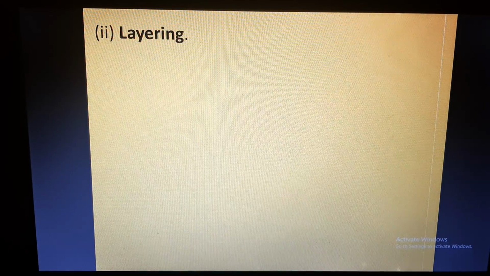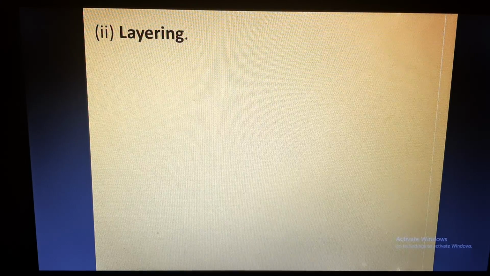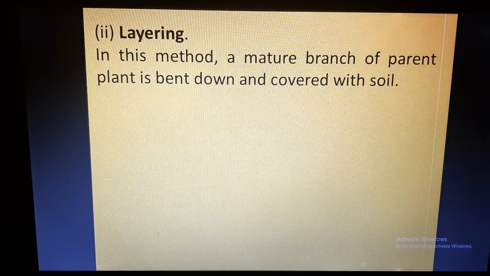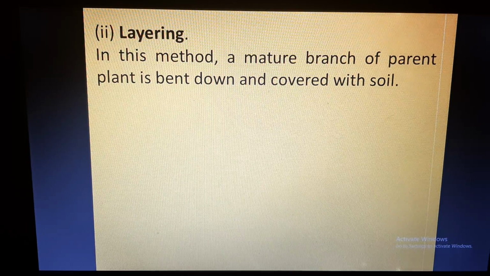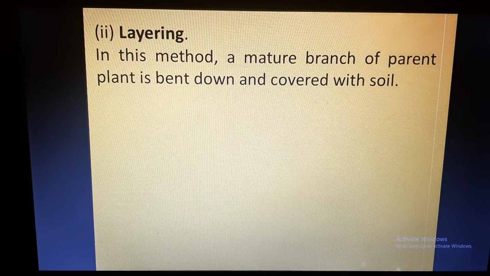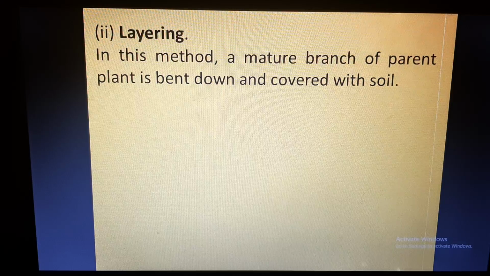Now we'll discuss the process of layering. So what is layering? Layering is an artificial means of vegetative propagation. So in this method, we cover the mature branch of a parent plant. We commonly do this in lemons or nimbu.